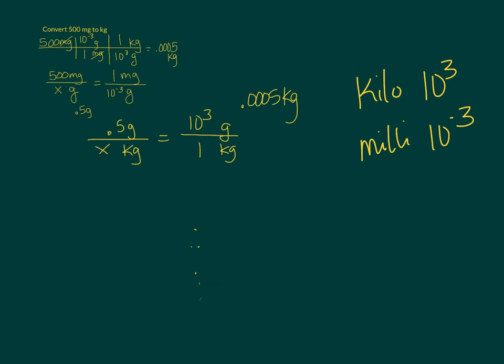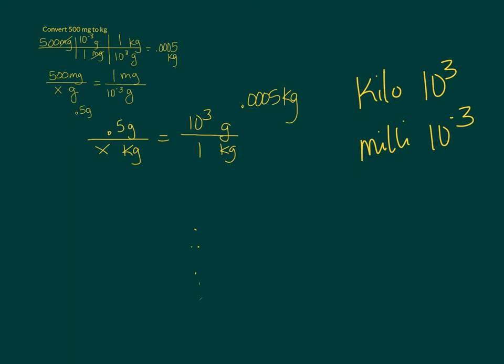So, and we have more of the smaller unit. More of the smaller unit. So final 3 minus a negative 3, that tells us that there are 10 to the 6th, 3 minus negative 3 is 6. There are 10 to the 6th milligrams in 1 kilogram.